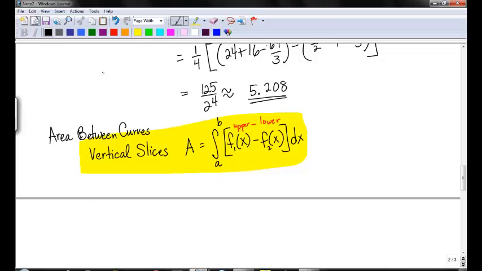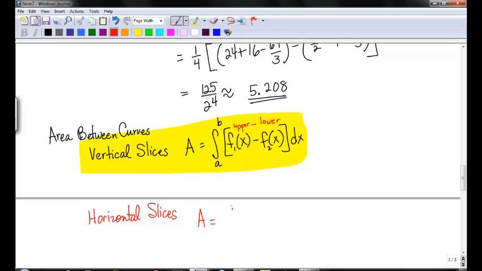Then the other one is horizontal slices. The only way you can tell is by looking at your graph and asking, can I get everything where the top slice is one curve and the bottom slice is another curve? If not, then you have to go horizontal.